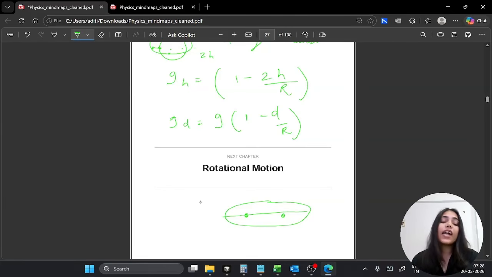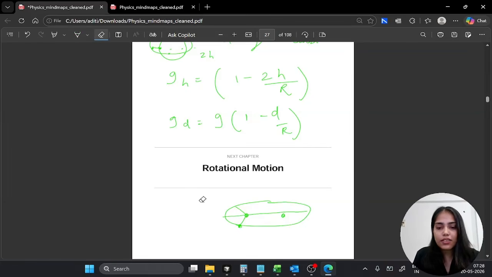And lastly, the second law of Kepler is the area swept by the planet. Let's say this is Earth, and it will travel from here to here, and this is where the Sun is. So I'll erase the other focus.